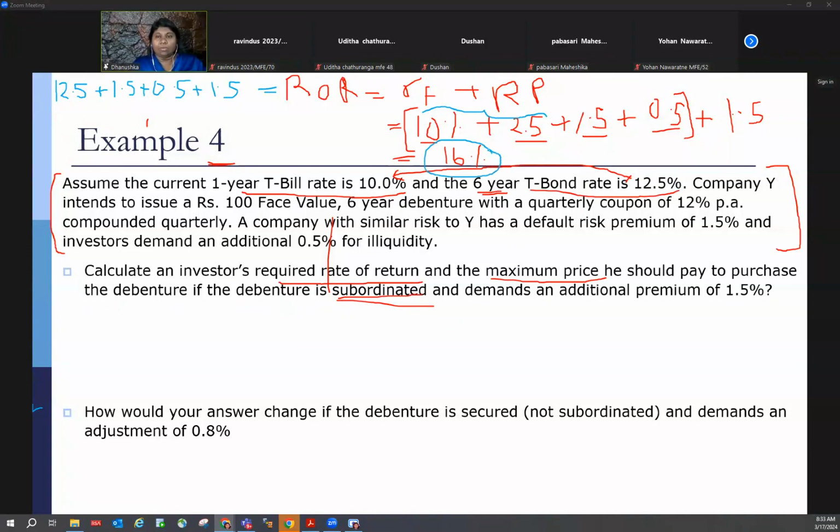Based on the fact that my required rate of return is 16%, calculate the maximum price I should pay to buy this bond.